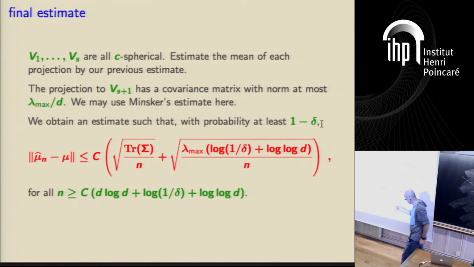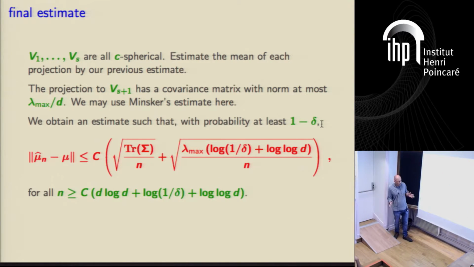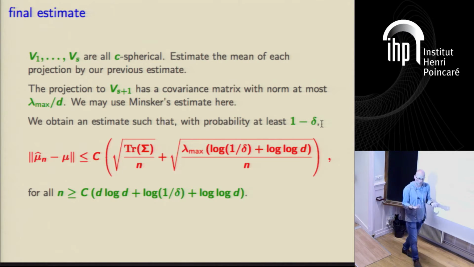What is an issue is that in order for this to work, I need n to be non-trivially large. It has to be at least d log d. And it's not completely clear that this is necessary. This part comes in the construction, in the eigen decomposition.